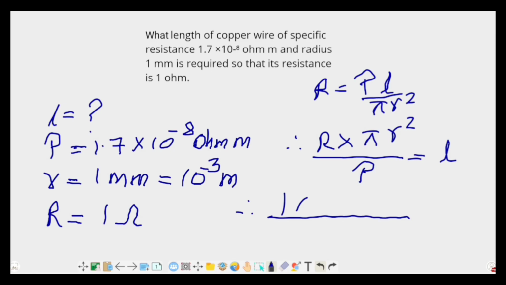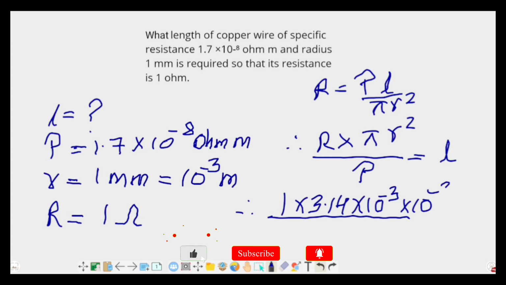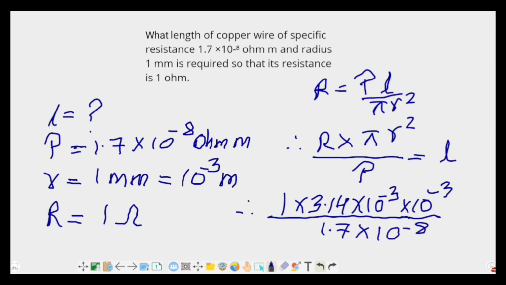Resistance is 1. Pi value you can take as 3.14. Radius is 10 raised to minus 3. It is squared, so I am taking 10 raised to minus 3 two times. Rho is 1.7 into 10 raised to minus 8.